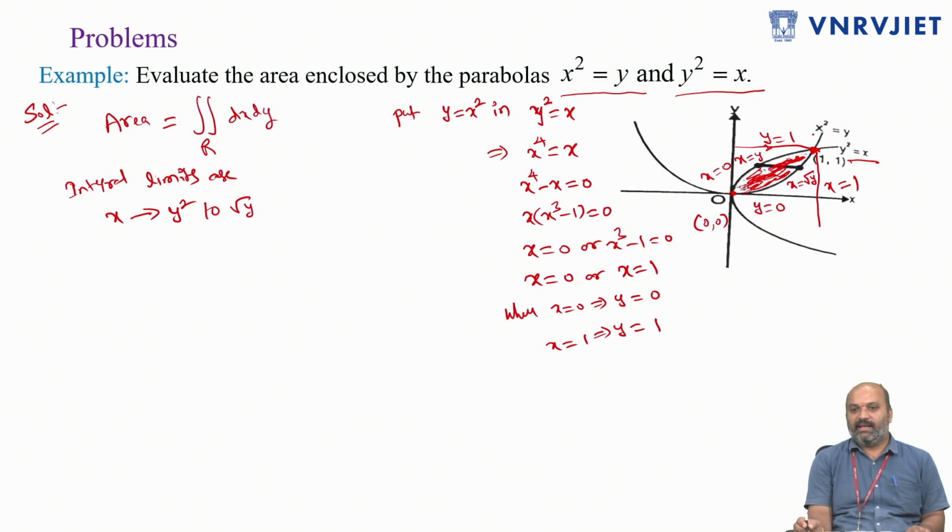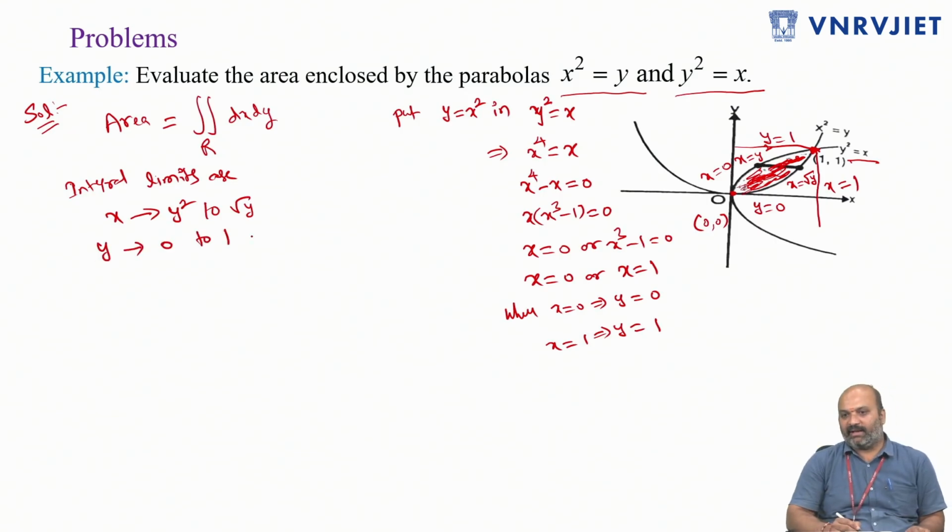Express both of them as x in terms of y, that is x equals y square and x equals root over y. Now, to cover this region, this strip has to slide from the line y equals 0 to y equals 1 once. So y varies from 0 to 1.